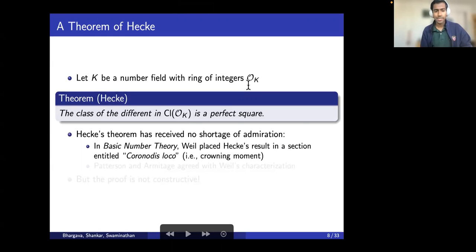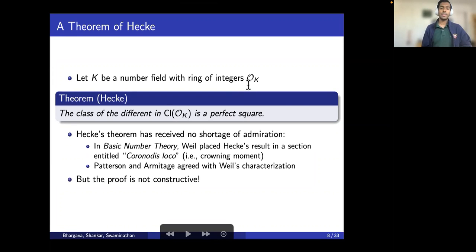In his textbook, Basic Number Theory, they placed Hecke's result in a dedicated section entitled Coronidis Loco, which is a Latin phrase that roughly translates to crowning moment. And Patterson and Armitage wrote reviews of Hecke's algebraic number theory book, in which they agreed with this characterization. They thought this was an amazing result.